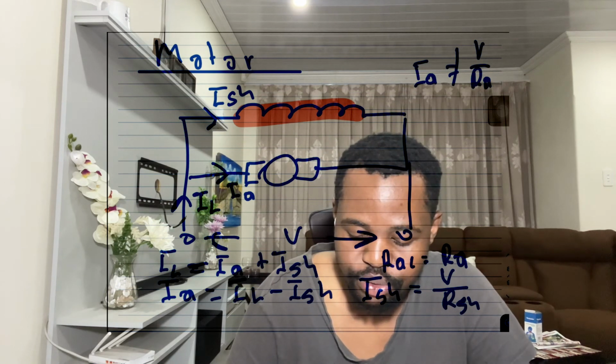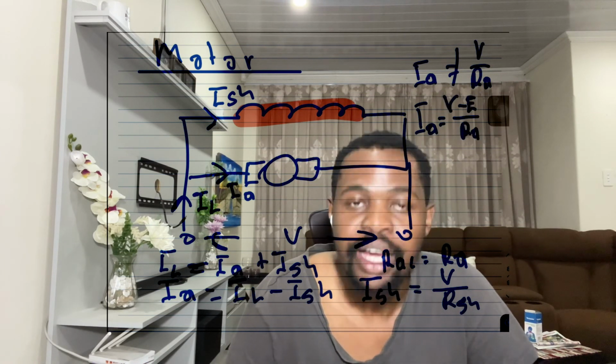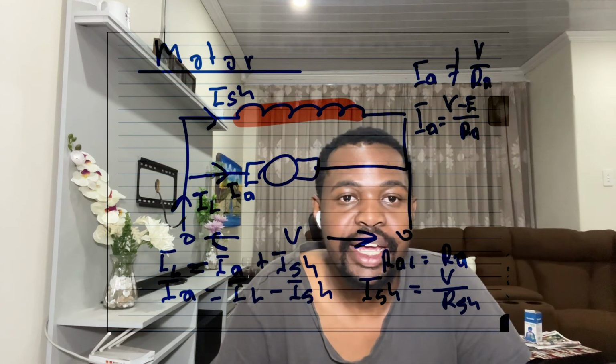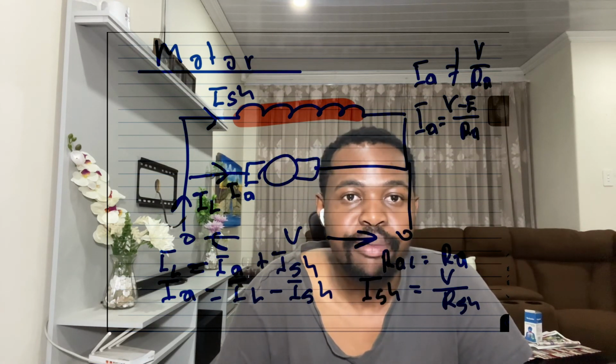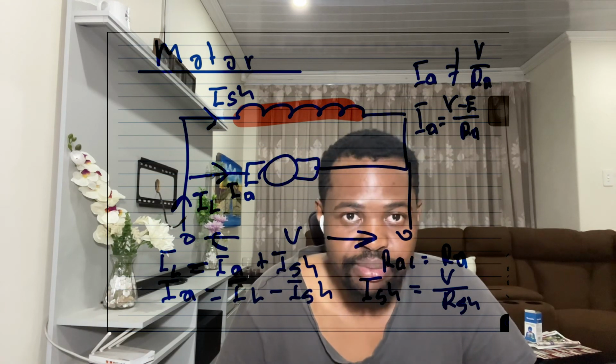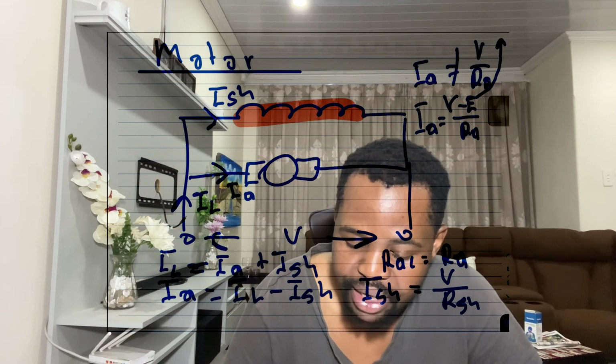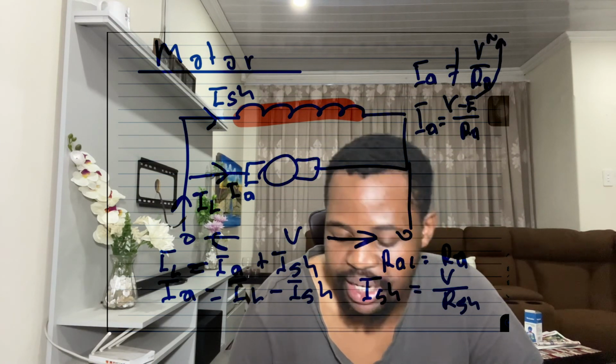The true formula would be I equals V minus E over RA, but the motor is rotating at different speeds, and E is speed dependent.